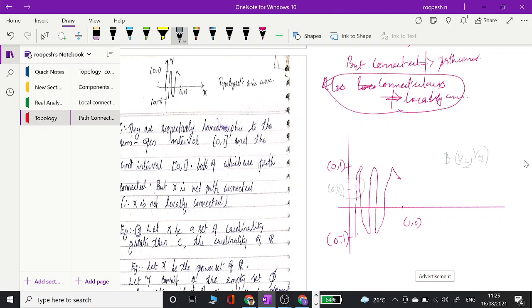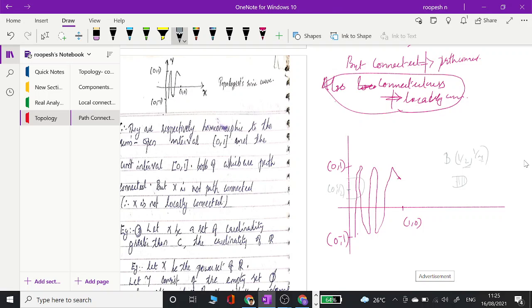Again you will get something like a comb space. And this is not locally connected, and also not path connected, right?